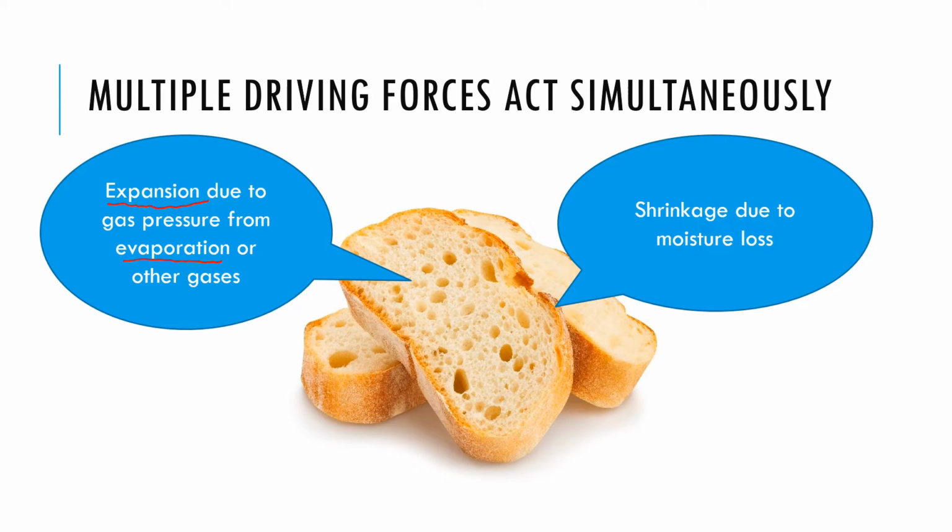And simultaneously, near the surface in particular, you can have shrinkage due to moisture loss. So both of these happen simultaneously, and it is important to see how we can include these in nice, clean, mechanistic ways.